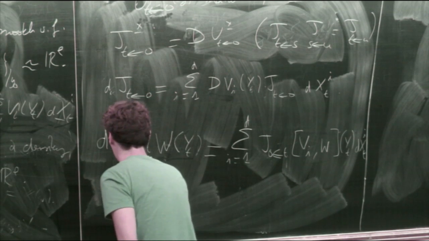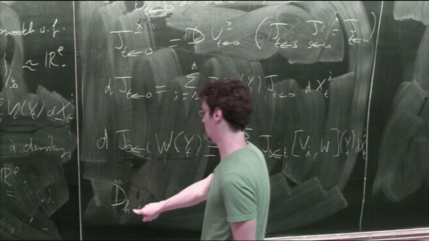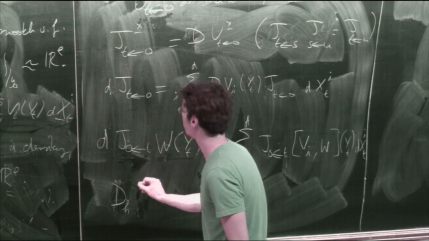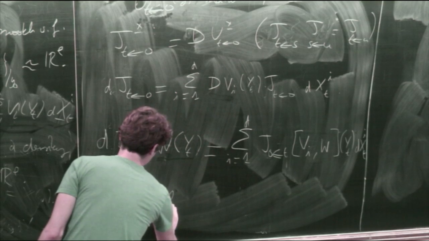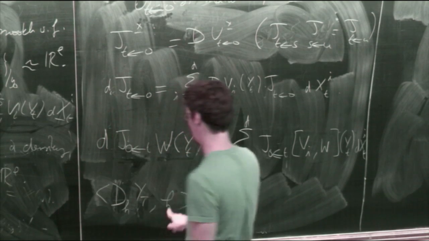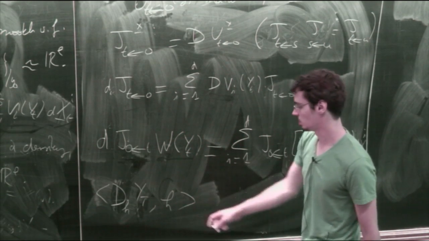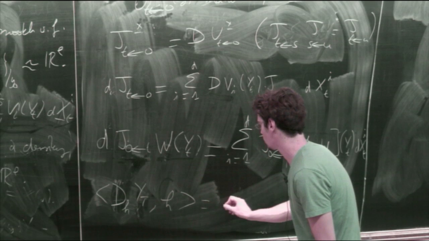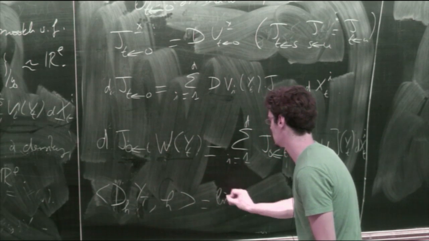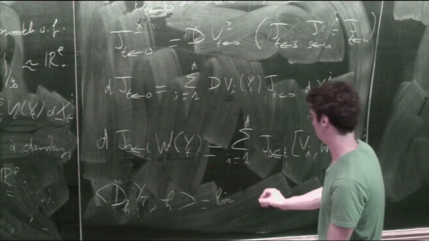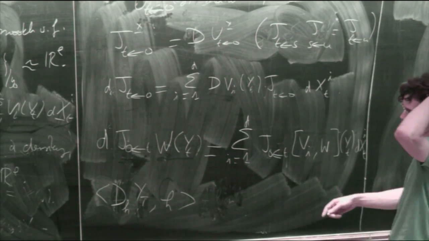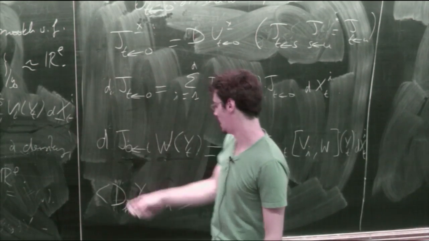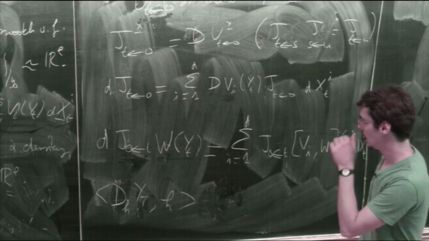So the derivative of yt in the direction h. This should be equal to the limit of, I mean, just a directional derivative, okay, I'm not writing it down. This is just a directional derivative when you replace your path x by x plus h.